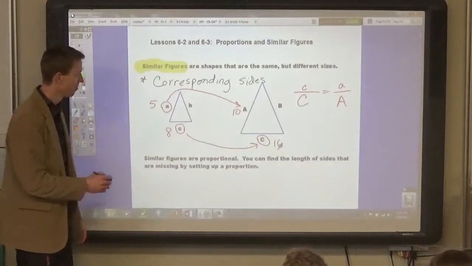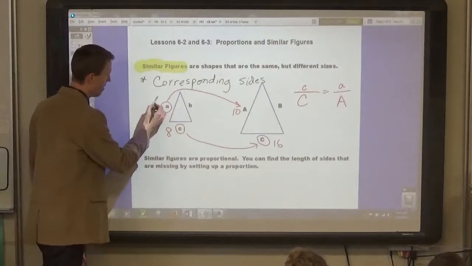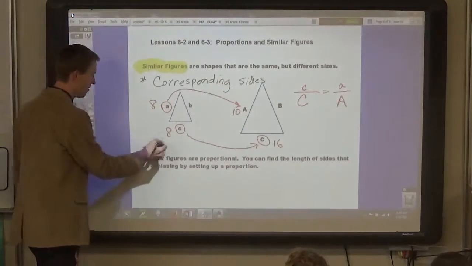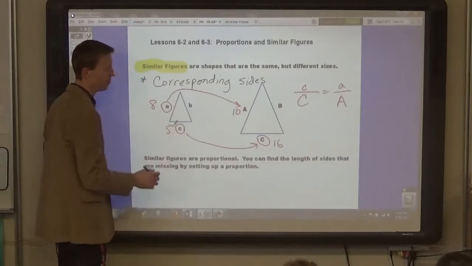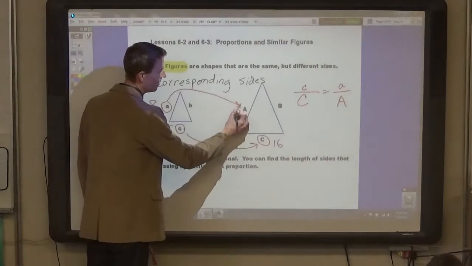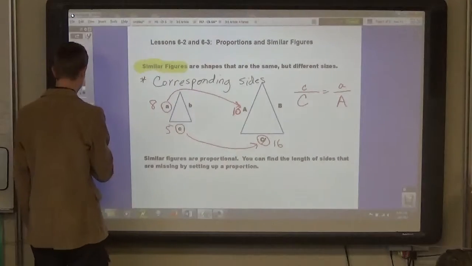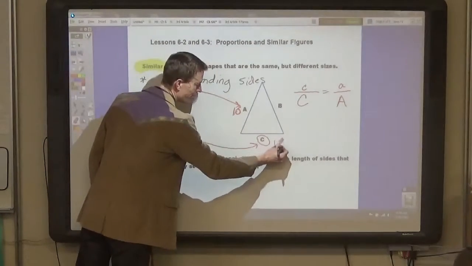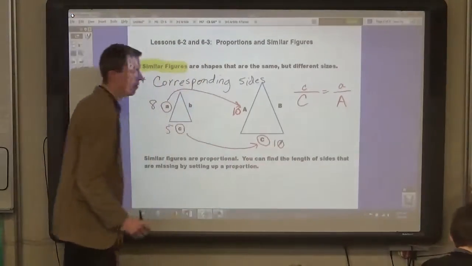This should really be 8 and 5, because that's a smaller line. Corresponding. Okay, write those numbers down.